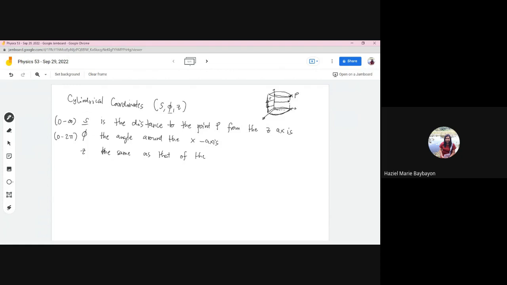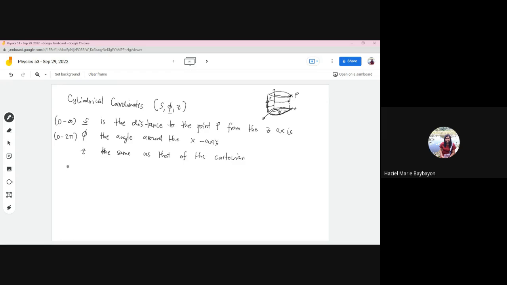So tracing, i-trace na to ni si S didto sa ubos. And then this is your angle phi. So it is the angle around the x-axis. And then z is just the same as that of the Cartesian coordinates. Okay?